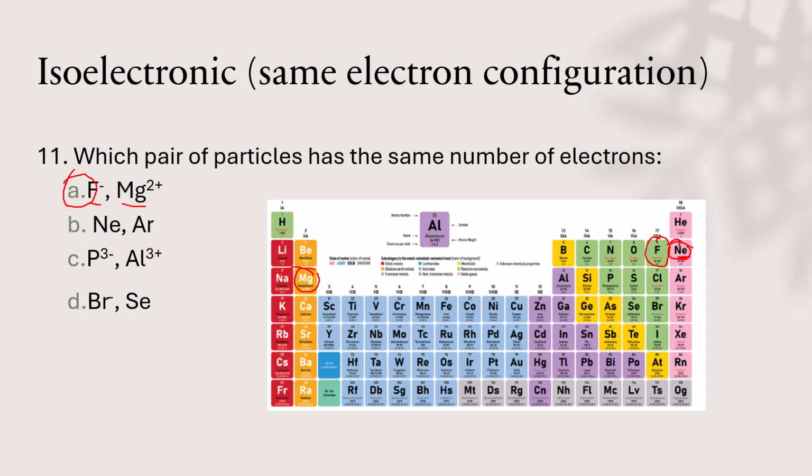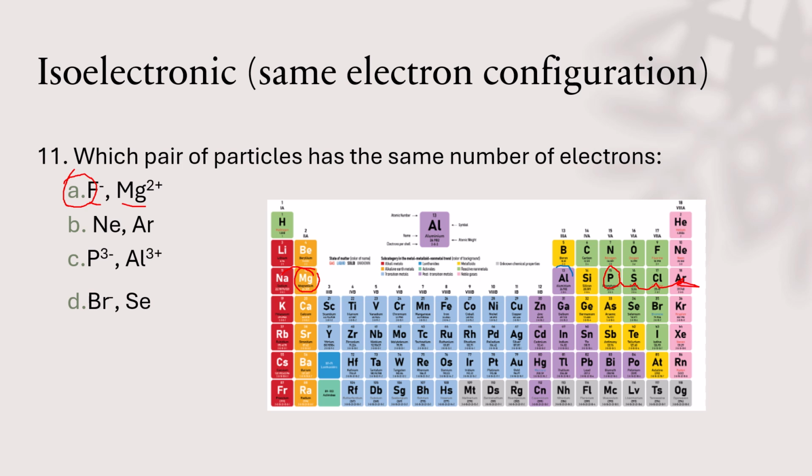I'll quickly go through the other 3 choices to show you why they're not correct. B, neon and argon, those are both noble gases. Obviously, they have different numbers of electrons. C, looking at P with a -3 charge: phosphorus with a -3 charge is going to be isoelectronic with 1, 2, 3, argon. And then aluminum with a 3+ charge.